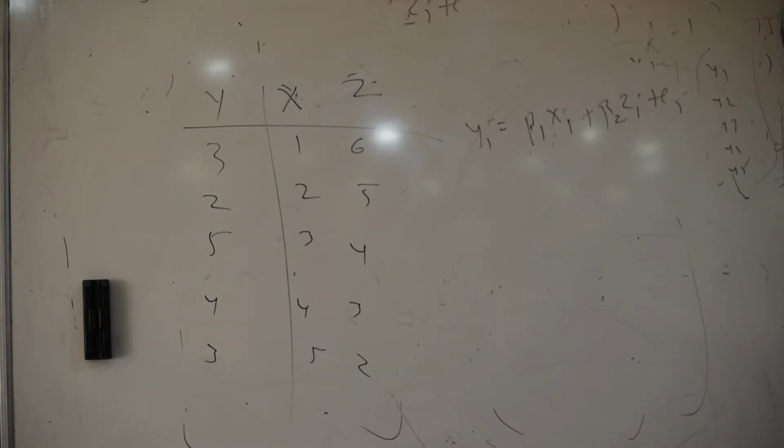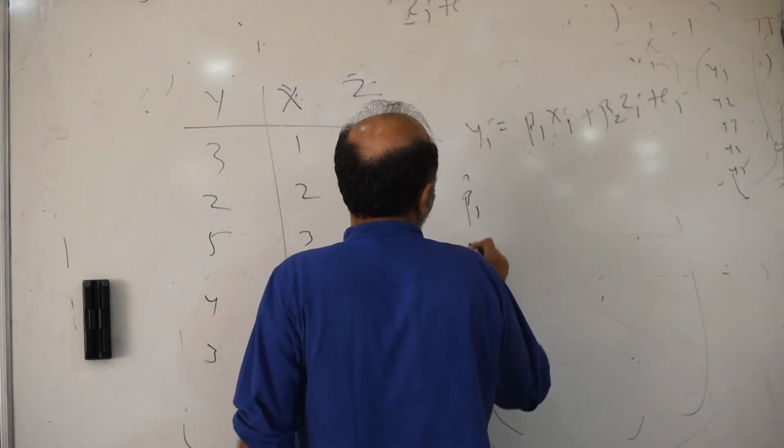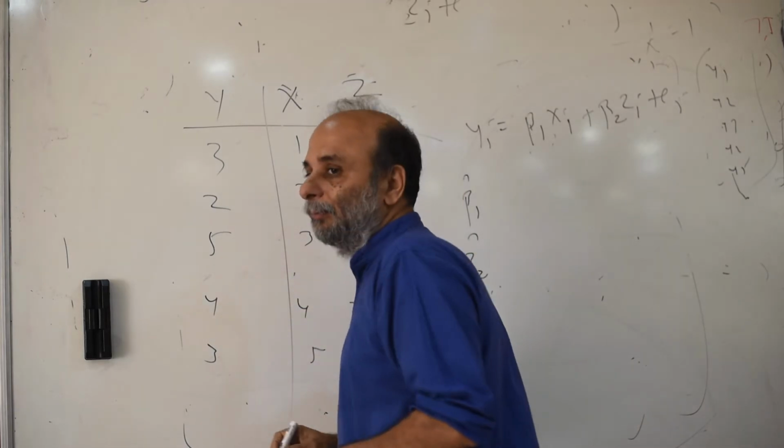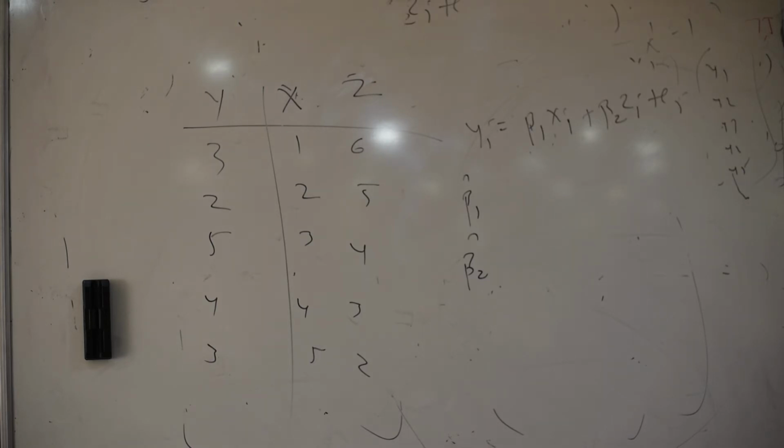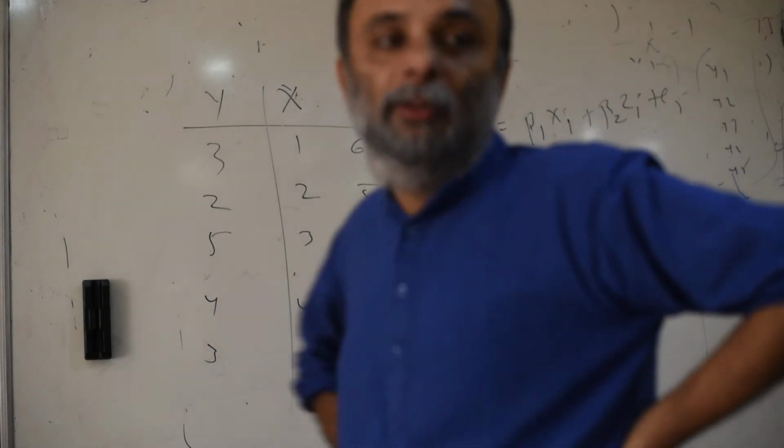Okay? Right? And you must find the value of beta 1 hat, beta 2 hat. Okay? Beta 1 hat and beta 2 hat. Sure? Right? Okay. So that's your homework.